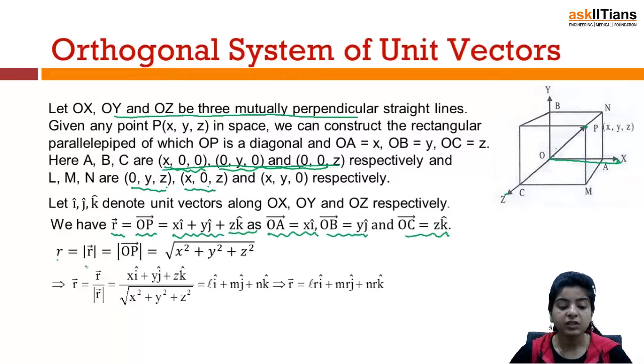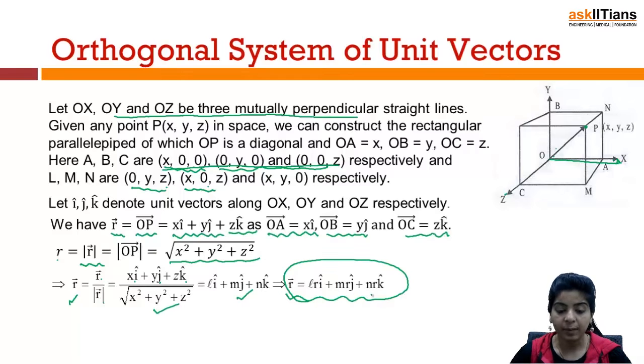Now |r|, the modulus of vector OP, is under root of x square plus y square plus z square, and therefore the unit vector r cap becomes r vector by modulus of r. This is equal to x i cap plus y j cap plus z k cap by under root of x square plus y square plus z square, that is l i cap plus m j cap plus n k cap. So we can write the vector r as lr i cap plus mr j cap plus nr k cap.